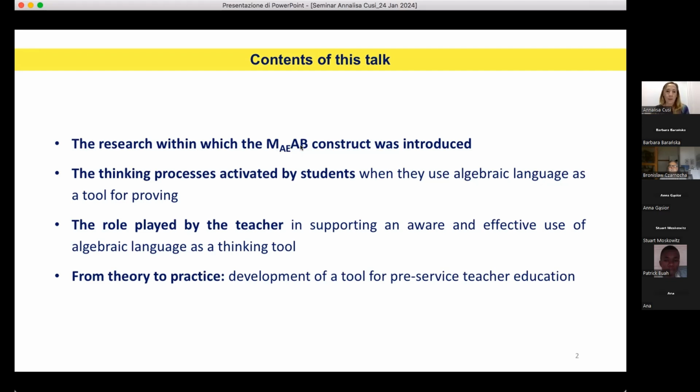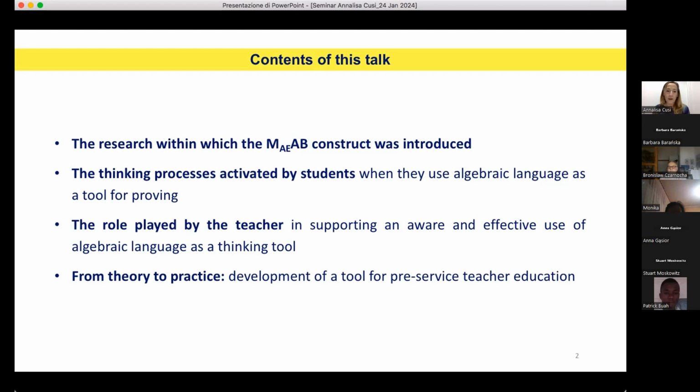So the talk will be divided into 4 parts. In the first part, I will introduce the research. Then I will move to an analysis of the processes developed by students when using algebraic language as a tool for proving. And then I will focus on the main focus, that is the role played by the teacher in supporting the students' development of all those competencies that are needed to use algebraic language as a thinking tool.